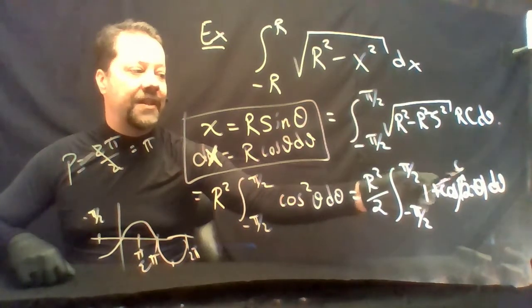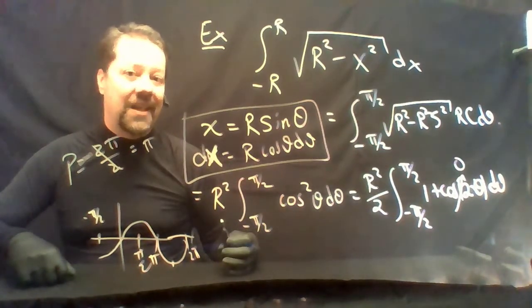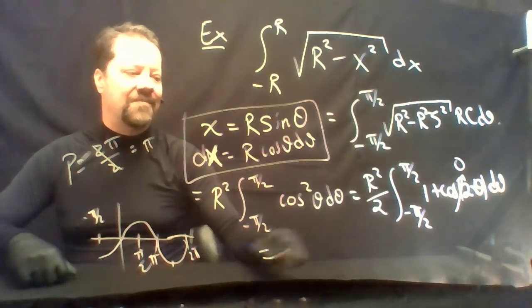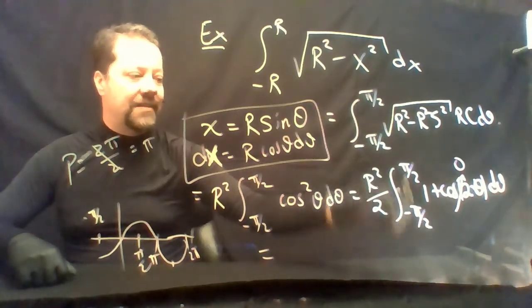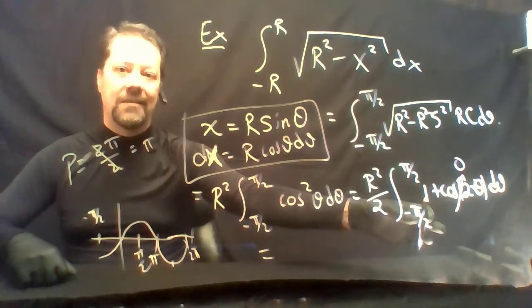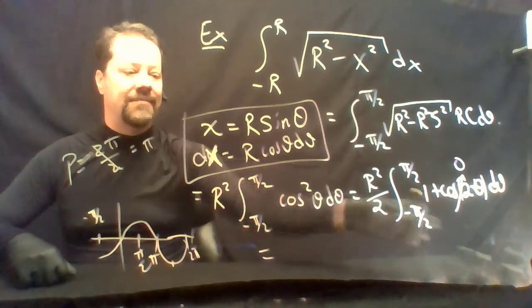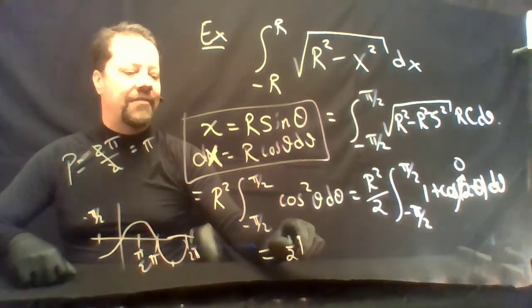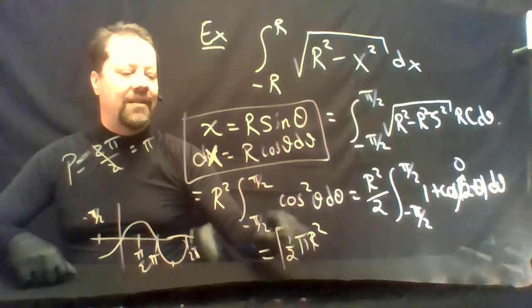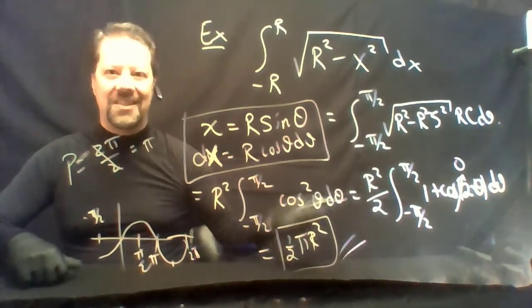Since you're integrating over an entire period, cosine 2 theta will give you nothing in the answer. The interval is length pi, and we're integrating 1. That gives us pi. So the answer is 1/2 pi r squared, just like before.